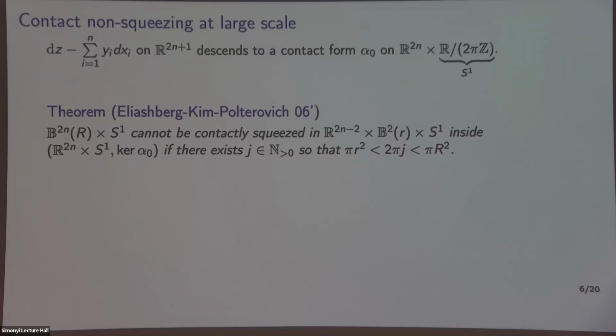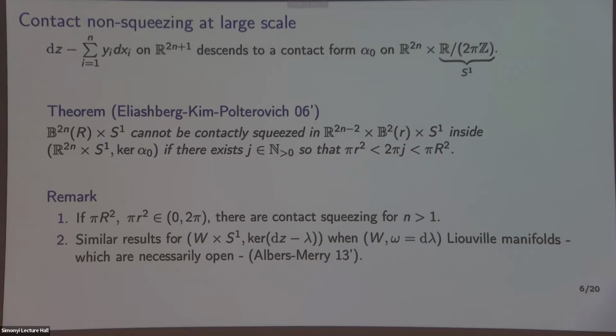They say that the contact ball, so a ball times S^1 of radius big R, cannot be contactly squeezed inside the cylinder times S^1 of radius little r inside the ambient contact manifold, which is R^2n times S^1, if there exists a multiple of 2 pi between pi little r squared and pi big R squared.